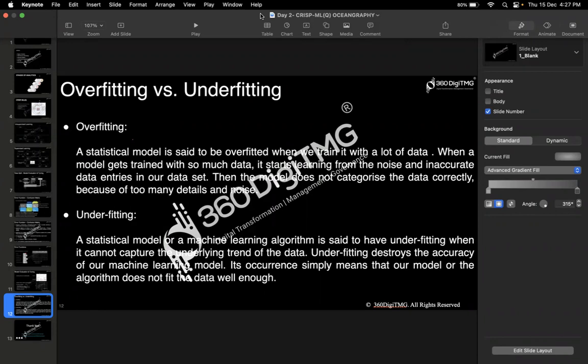Underfitting, in a statistical model or a machine learning algorithm, is said to occur when it cannot capture the underlying trend of the data. So it destroys the accuracy.